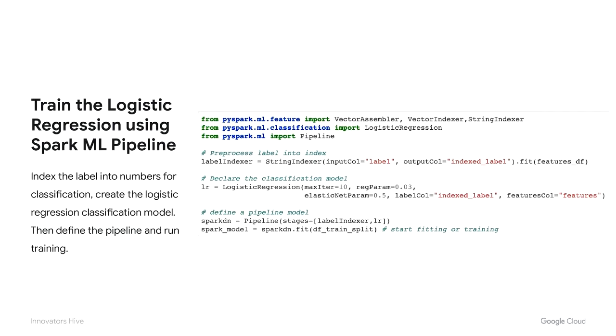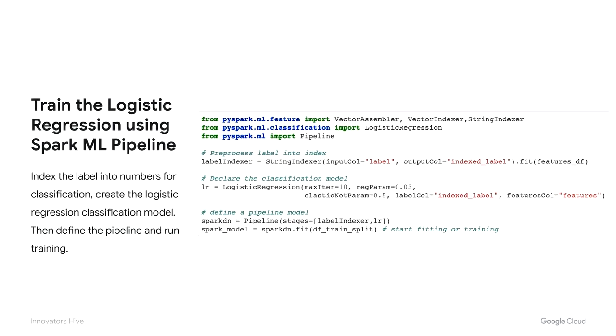Then this label indexer goes into the logistic regression model, where we train using default parameters and see whether it works or not. We define the pipeline here using an array. If you see here, stages equals an array of label indexer and then logistic regression. So you can put more preprocessing if you want to. This is how you define an ML pipeline on Spark.